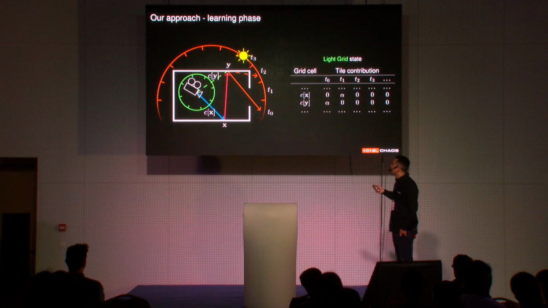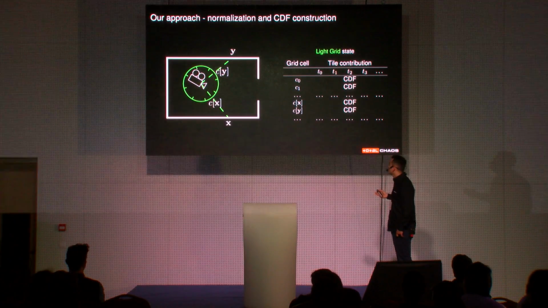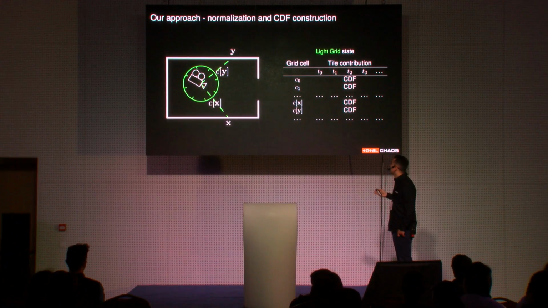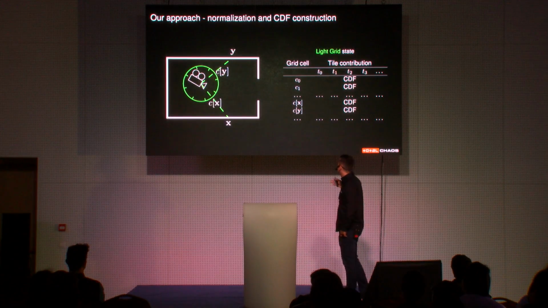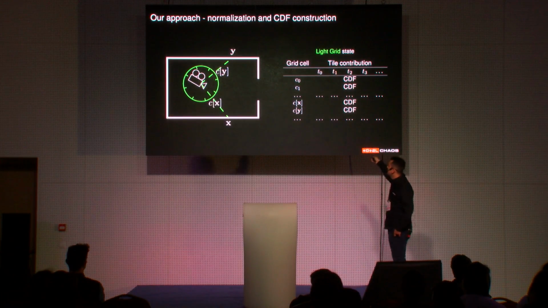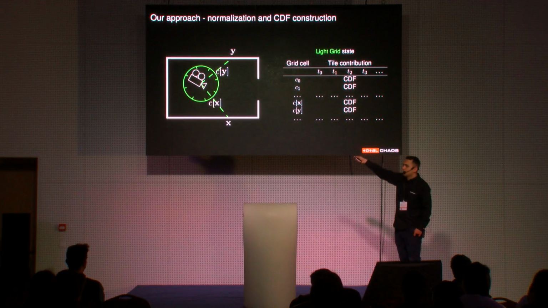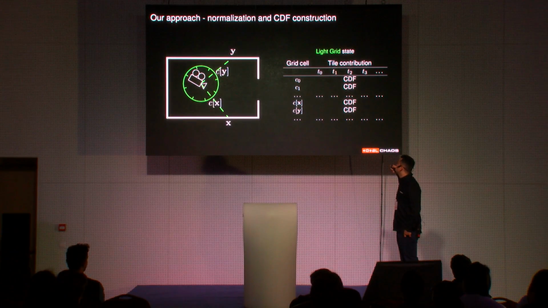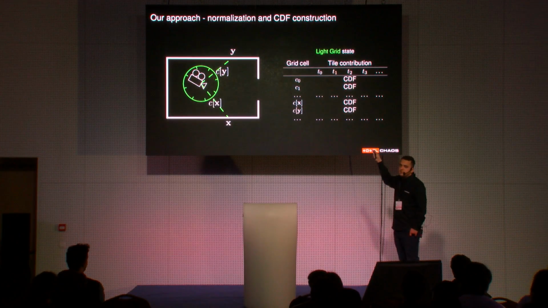So we compute the lighting, we accumulate the information, and once the learning phase is done, we just normalize all of the data that we have gathered. We construct these one-dimensional CDFs so that every grid cell can sample only visible tiles.